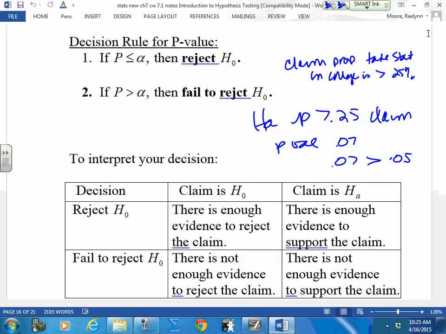And I'm going to say, fail to reject my H0. No, just hang on. Now my claim is my HA. I failed to reject my H0. That's not my H0. That's not my claim. My H0 is this. I failed to reject that it was less than or equal to. If I failed to reject that, could I agree with my claim?